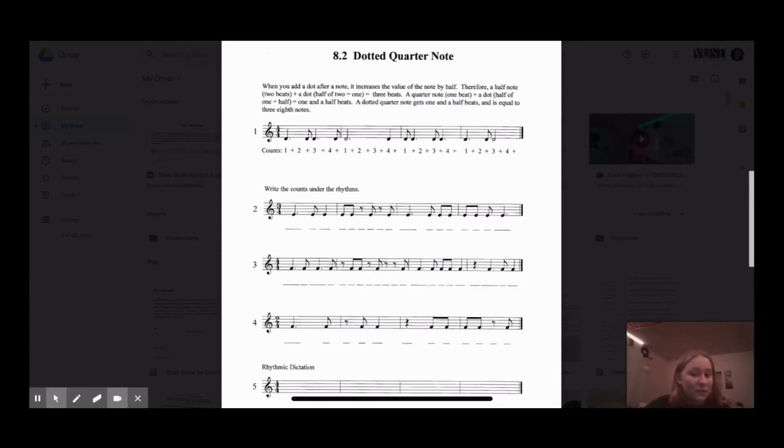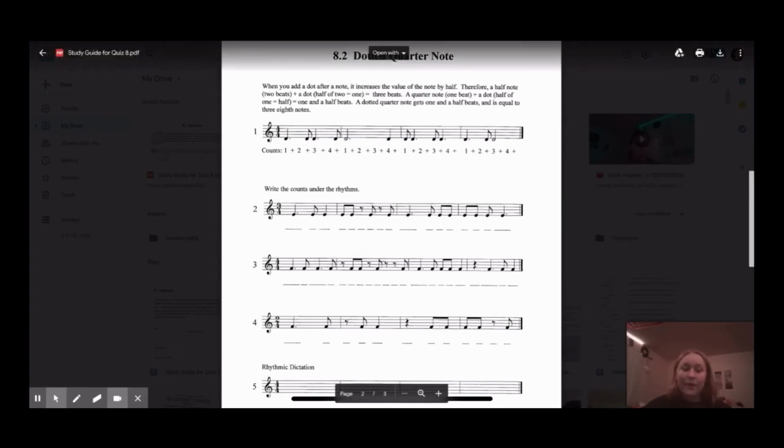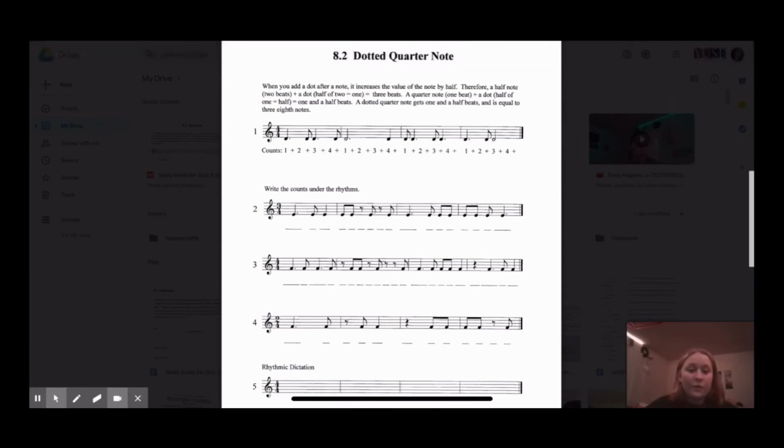It is 1 and, rest is a 2, and 3 is a rest, and that's the second one. The third one would be 1 and, 2 and, 3 and, and so forth. 1 and, 2 and, 3 and.